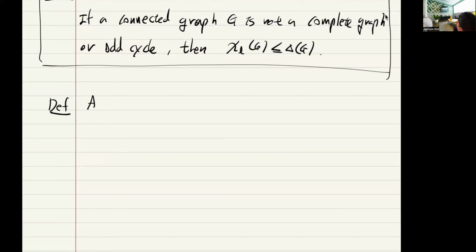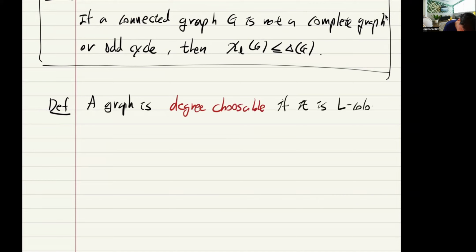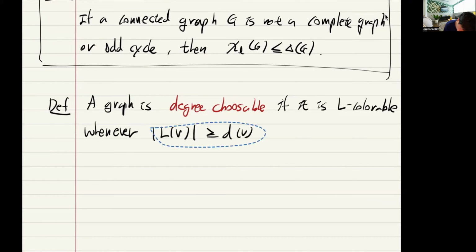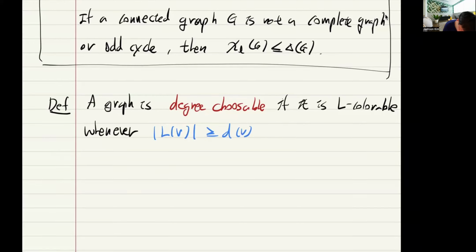We define a graph to be degree choosable if it is L colorable whenever its list at vertex v has size at least its degree.